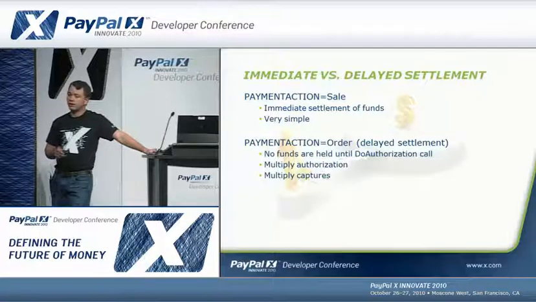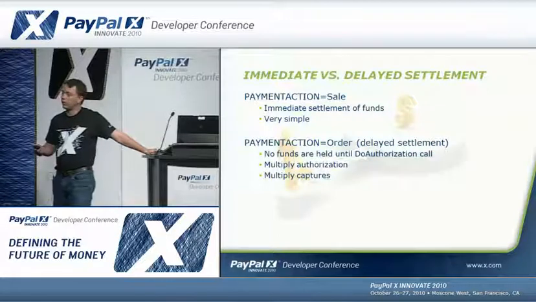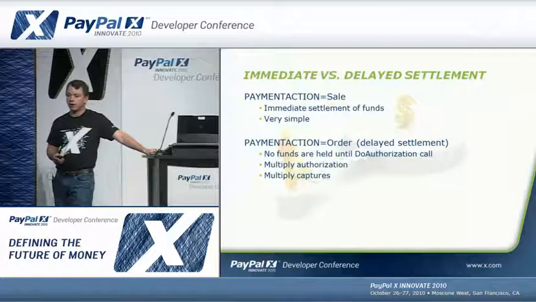So if your site, for example, was doing delayed fulfillment or was producing the actual item and then shipping it out, this would be a good model to follow because you could create that order ID, get the authorization, get the product ready to ship, and then when you are actually ready to ship the product, you can do the capture. This is the way we're integrating almost all of our large merchants these days because there are, of course, fulfillment delays or other things that make them want to copy what they do for credit card payments.